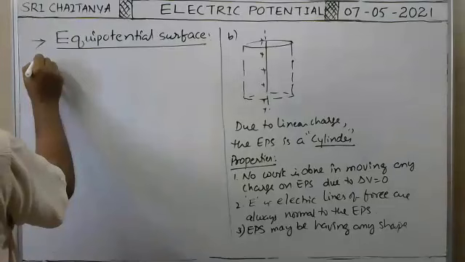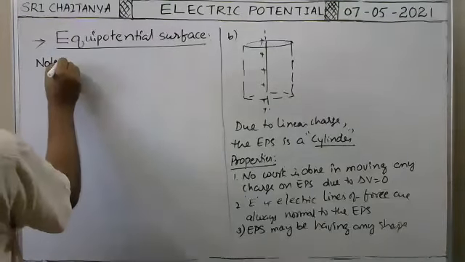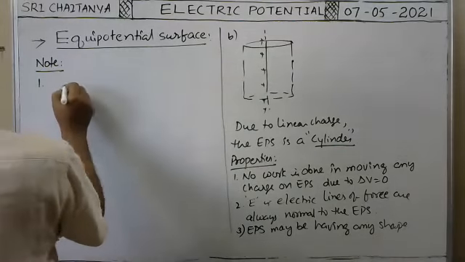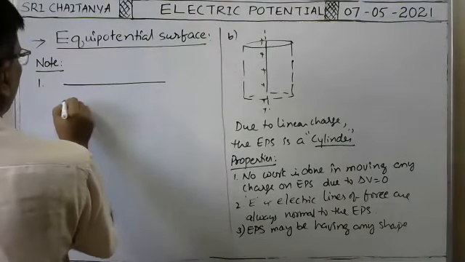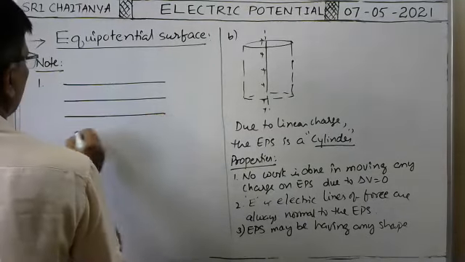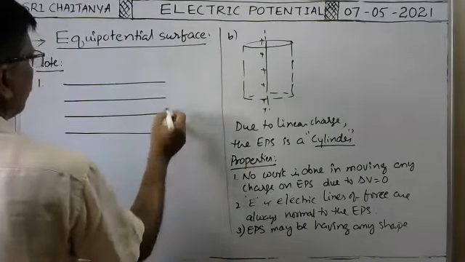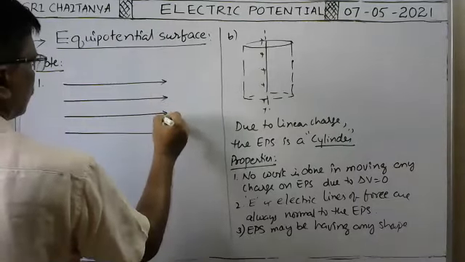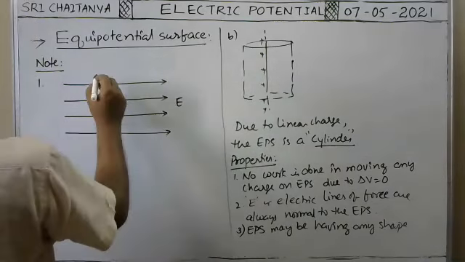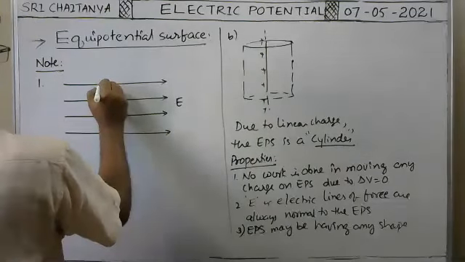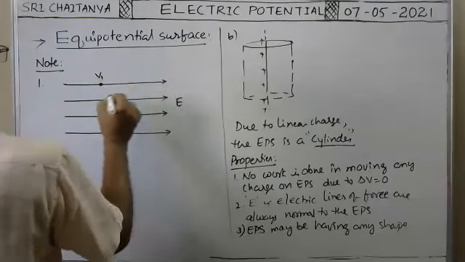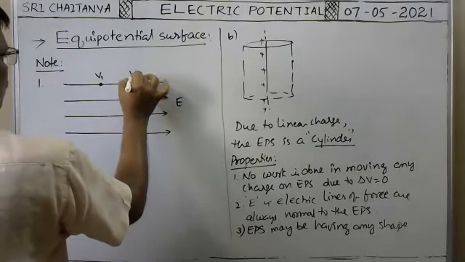Some note points related to equipotential surface. First one: suppose the electric lines of force are parallel to each other. That means the electric field is a uniform electric field, like this. Suppose at this point the potential is V1, and at this point the potential is V2.